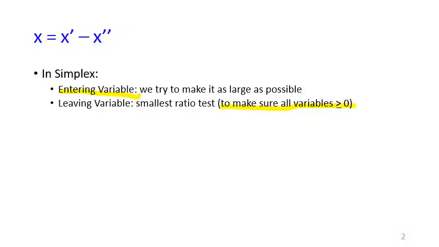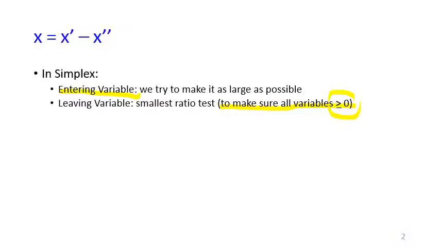Now this is under the condition that all variables must be non-negative. However, if we have a variable that may be unrestricted in sign, it means that the variable may be negative, then this procedure will be affected.